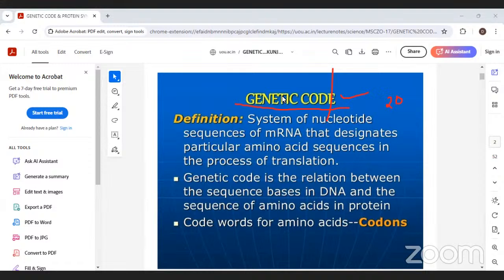What are the four nucleotides? Only four nucleotides, whereas the amino acids for which they have to act as codes are 20.